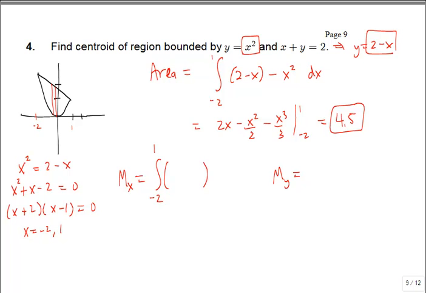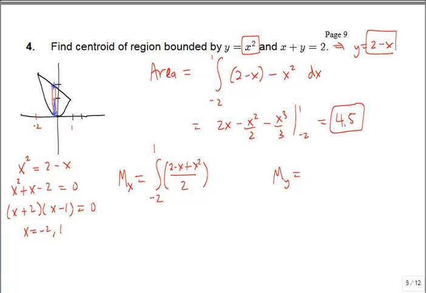About the x-axis is this distance here. If you imagine the center of that slice, that's this vertical distance, which is going to come from the midpoint of this point on top and this point on the bottom. So we're going to use that average formula. We're going to take the top curve, which was the 2 minus x, and we're going to add to it the bottom curve, and we're going to divide that by 2.